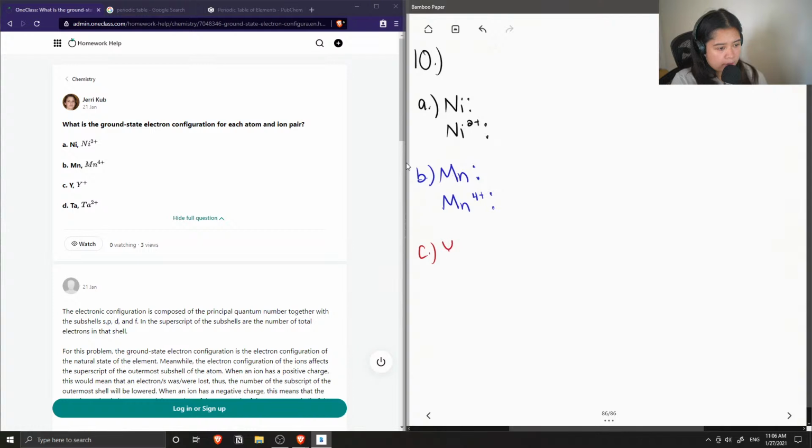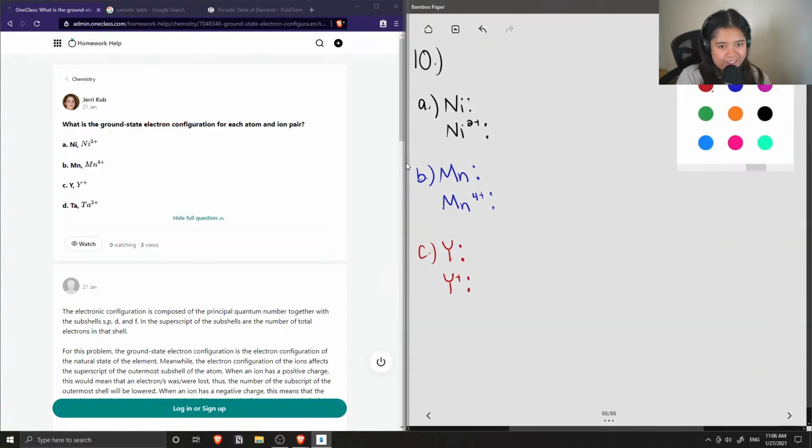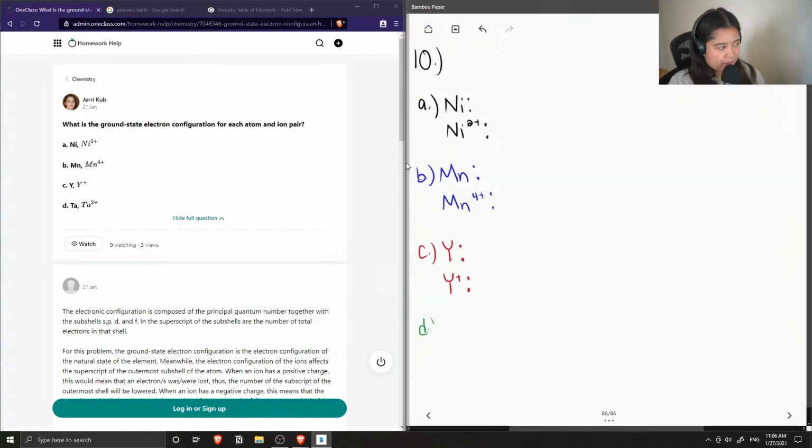C, we have Y, which the name escapes me right now because it's not a commonly used element. And D, Ta.